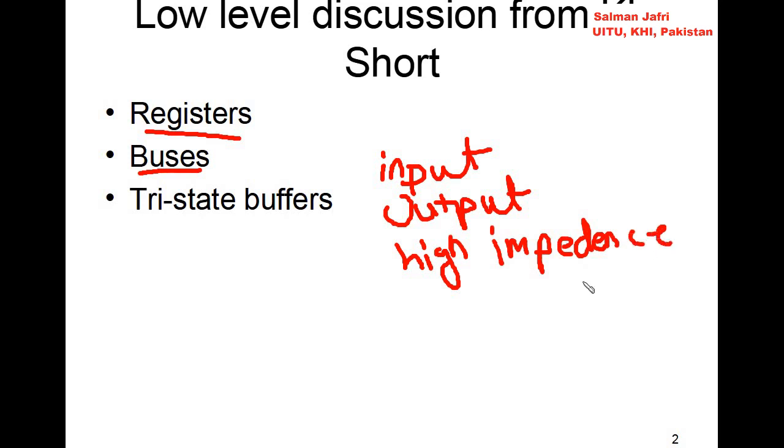High impedance means practically an open circuit. So when the tri-state buffer is in a high impedance state, nothing is connected at the output of the tri-state buffer. The input is not connected to the output and it's physically an open circuit. This state is used a lot. This is a very useful state.